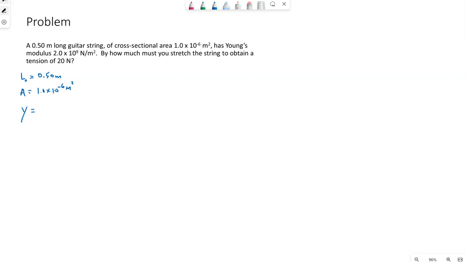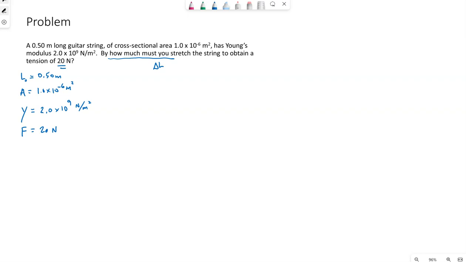Young's modulus, so whatever the material is that makes up this string gives it a Young's modulus of 2 × 10⁹. We're trying to figure out how much you need to stretch the string. So delta L. What does delta L need to be for the tension within the string to be 20 newtons? So essentially, we want the force in the string to be 20 newtons.